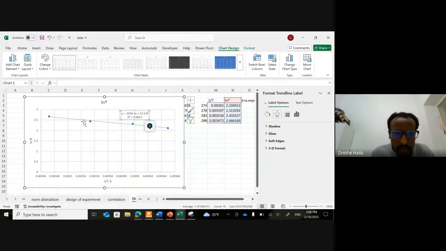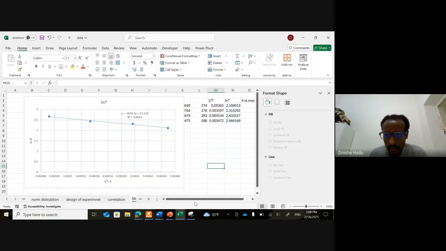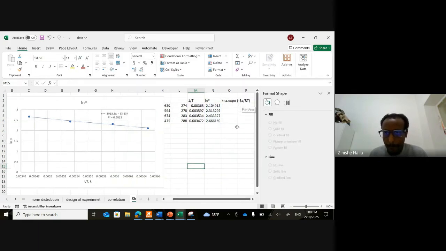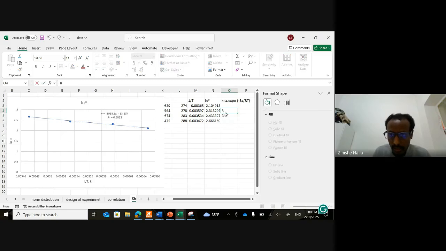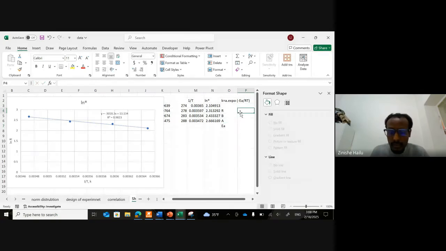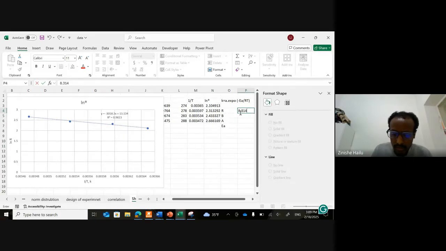So now I will use this plot here. And put here the coefficient variables B, R, A, and EA. These are the very important parameters. So R is a gas constant, it is known, 8.314 joule per mole per Kelvin.